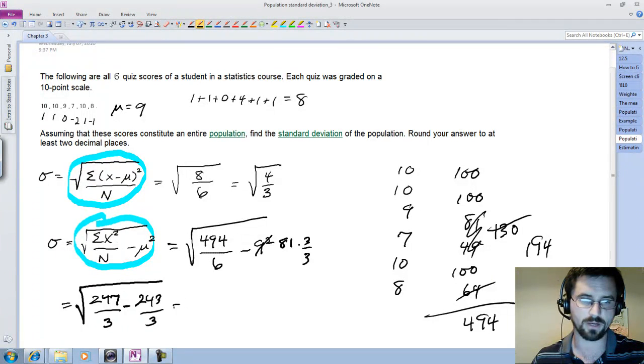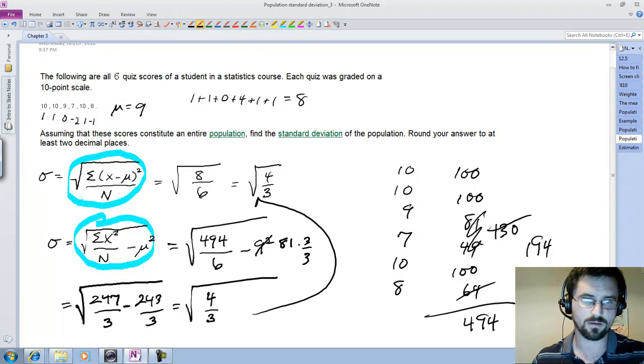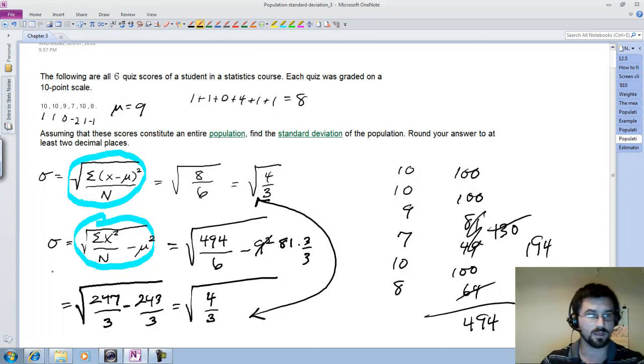There's a minus sign in the middle. And when I have a common denominator, now I can just subtract the numerators. 247 minus 243 is 4 over 3. So you can see these match. So there you go. This formula is a valid way of calculating just as much as this one is.